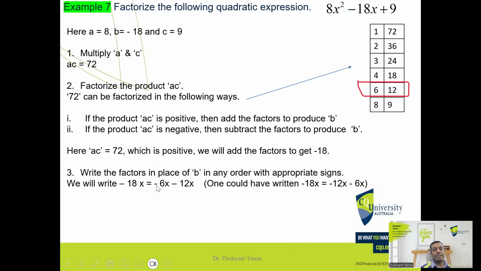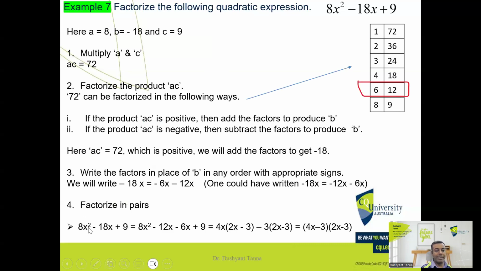So minus 18 is written as minus 6 and minus 12, or the other way. Factorize in pairs, 8x squared minus 18x plus 9. Minus 18 is written as minus 12 and 6, and then work in pairs. 4x common, 2x minus 3, 2x minus 3, that's common. Left is 4x minus 3.